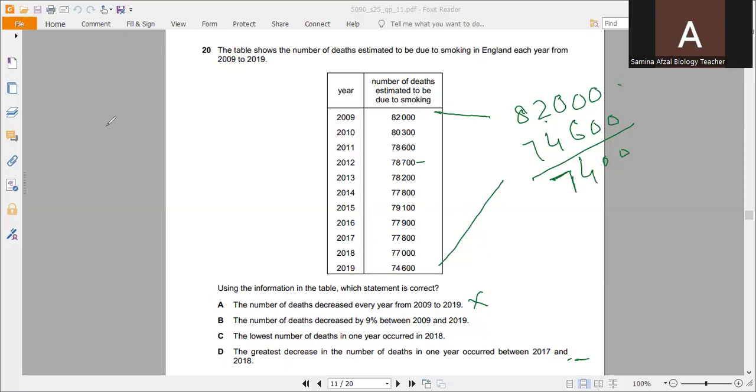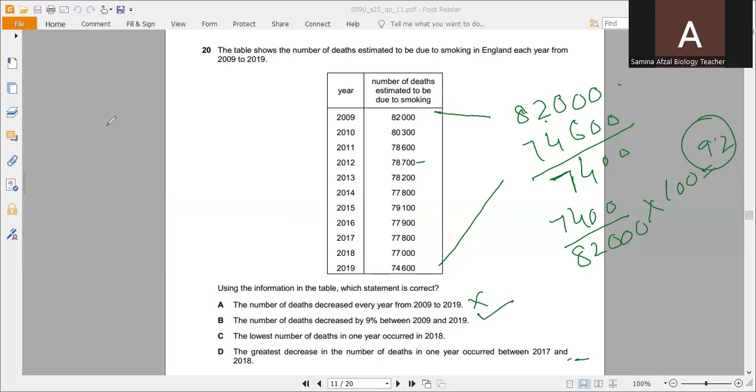If we find the percentage, 7,400 out of 8,200 it is nearly equal to 9.2, so roughly 9%. So B is the correct option.